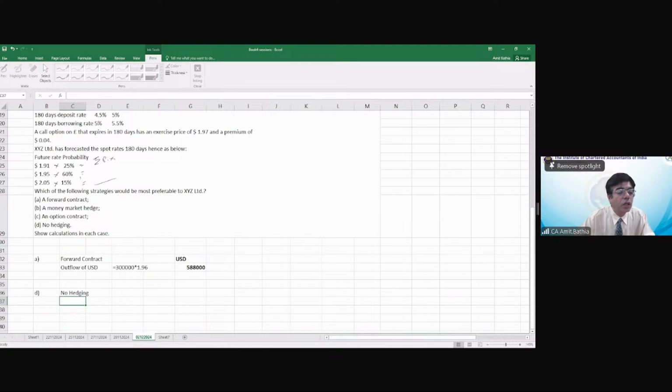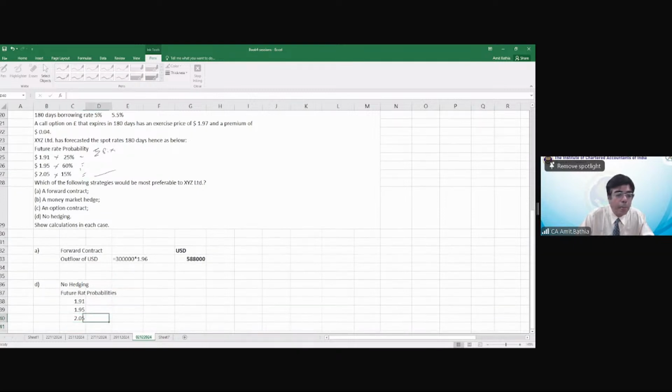In no hedging, I need to essentially find what will be the future spot rate, right? Do I know the future rate? I don't know the future rate directly, but I know the future rate probability is given to me, right? So I can identify 1.91, 1.95, and 2.05. Probabilities are 25%, 60%, and 15%. Whenever probabilities are given, please check that they add up to 100%.